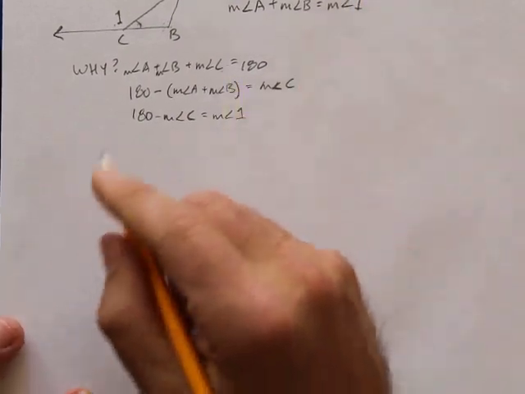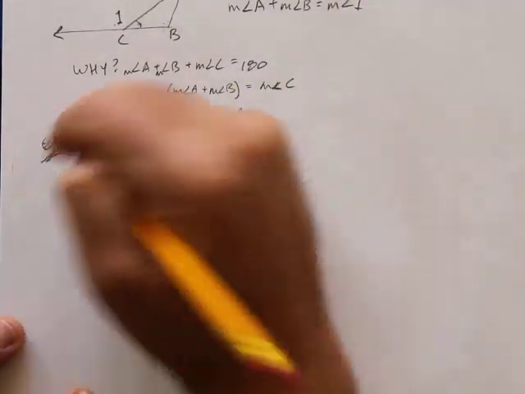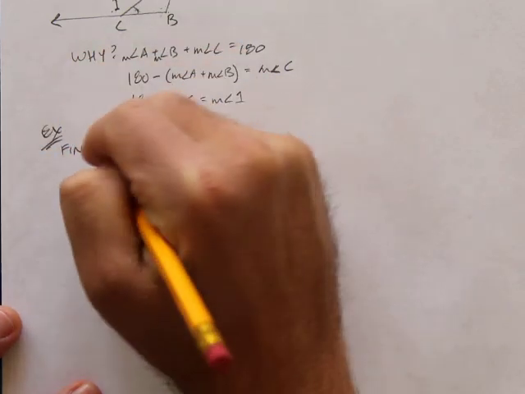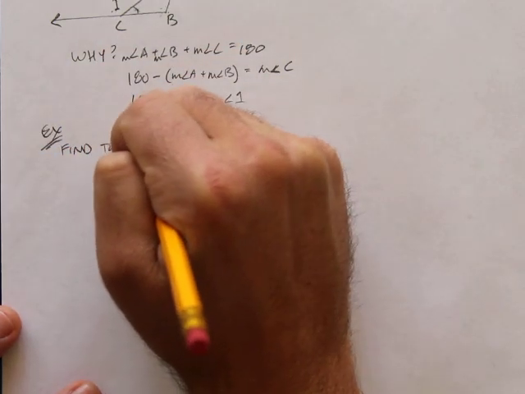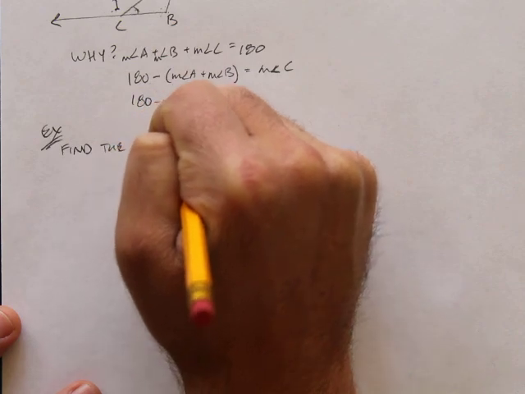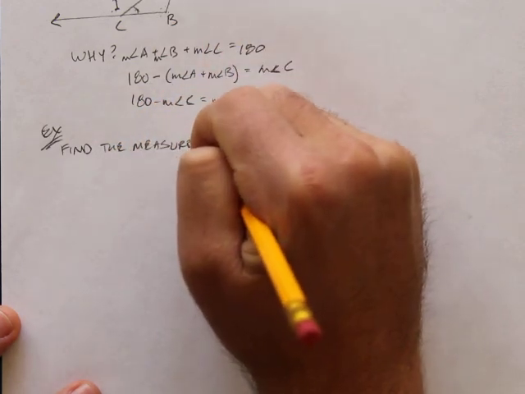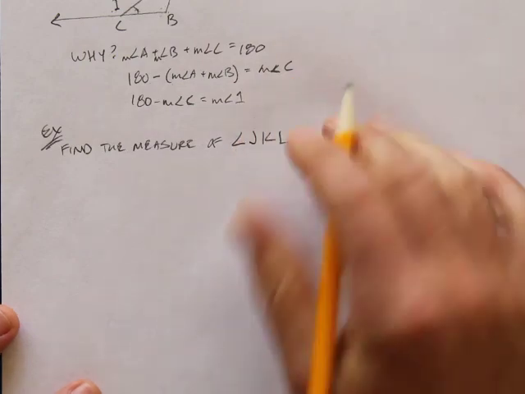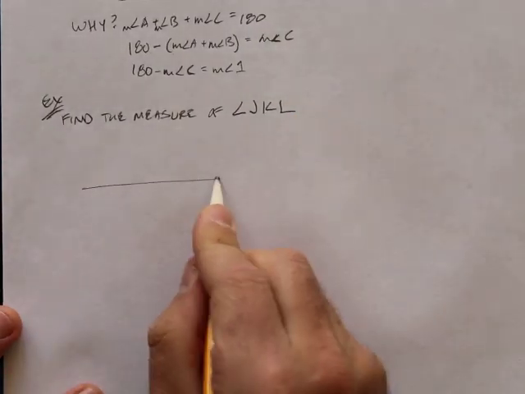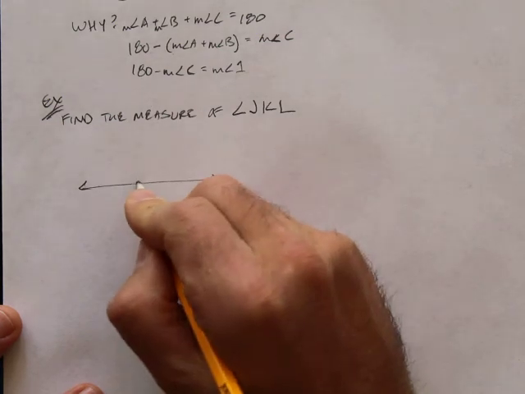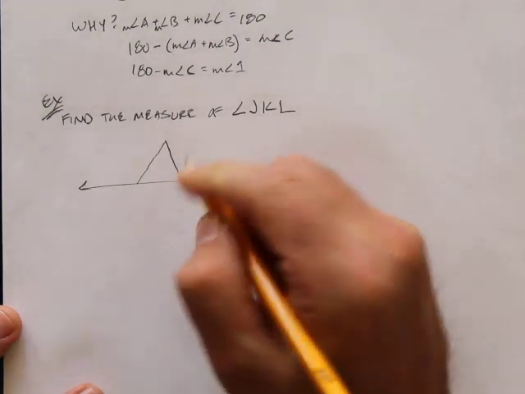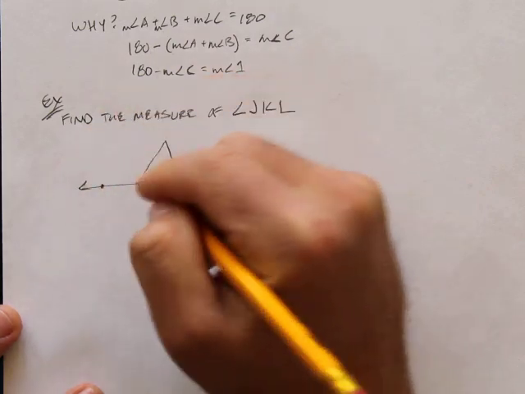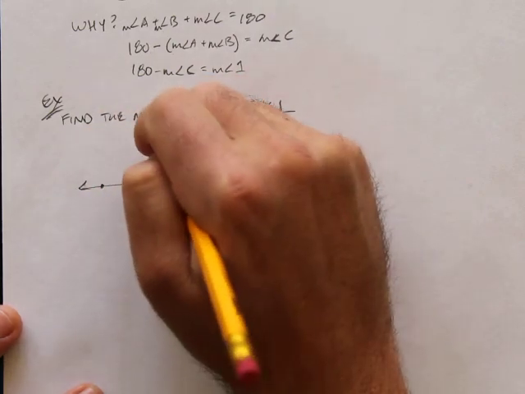Okay. Here's your example, and we're just doing one, and then we're going to be done with this lesson. Find the measure of angle JKL. I've got a line, and a triangle sitting on that line, and this is triangle KLM.